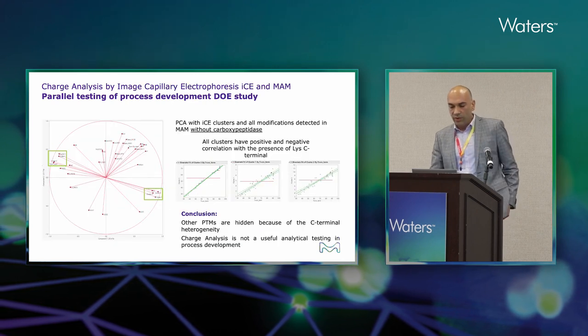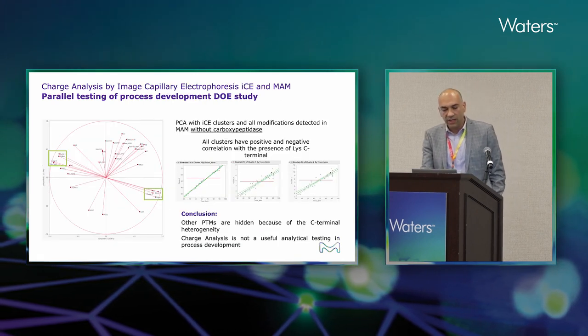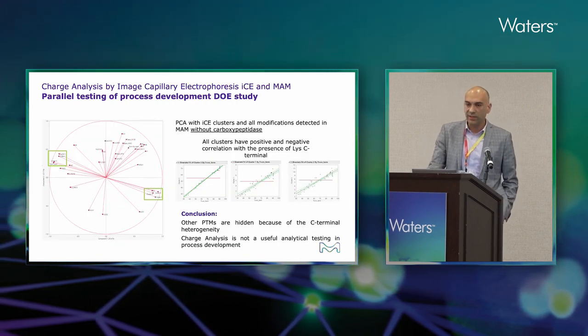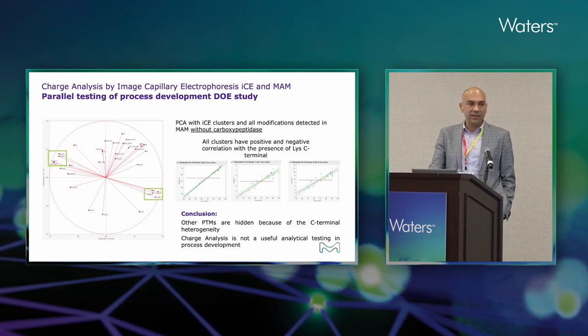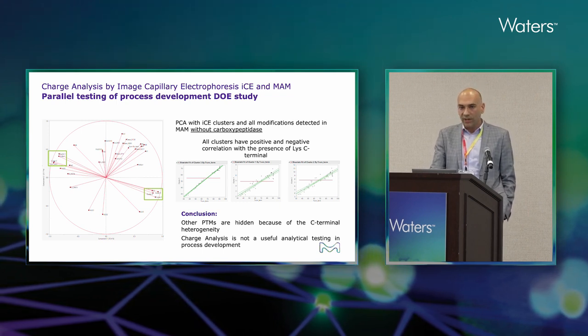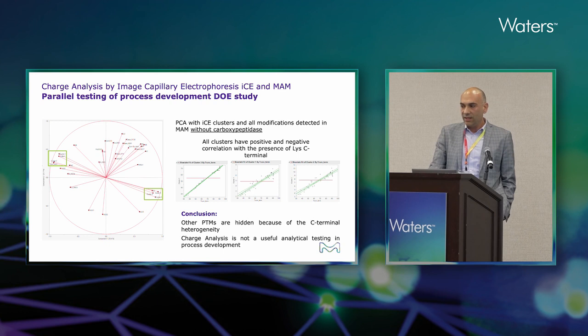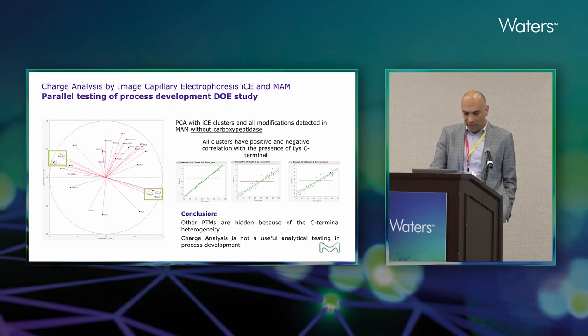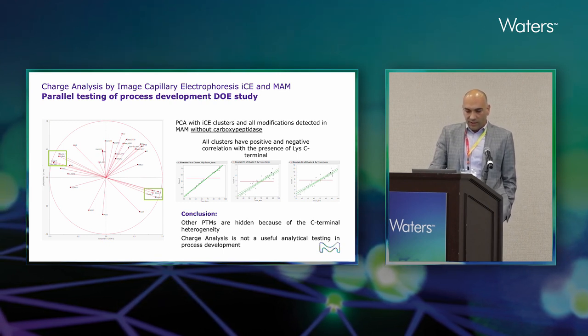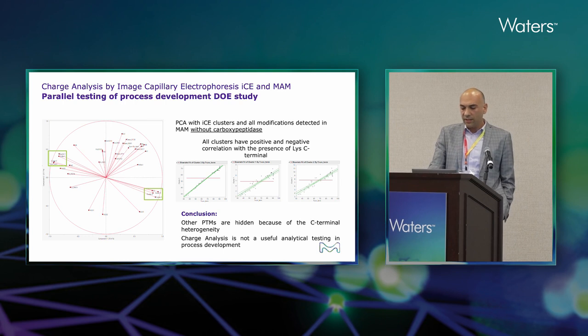What happens when we use the charge analysis to support process development? In this case, the excursus is much lower. It's not a stability study, and nothing big is happening in our sample. We performed a DOE study in duplicate testing, then we treated it with PCA.